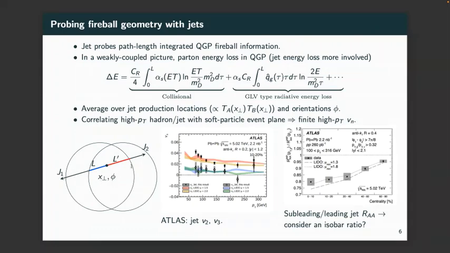Of course, in most cases, they will travel different lengths. So the jet energy loss of J1 and J2 will be different. And you take whatever is the leading jet, compute its modification, divided by the modification of the subleading jet. So on average, the leading jet will be closer to the surface, and this is what you get.